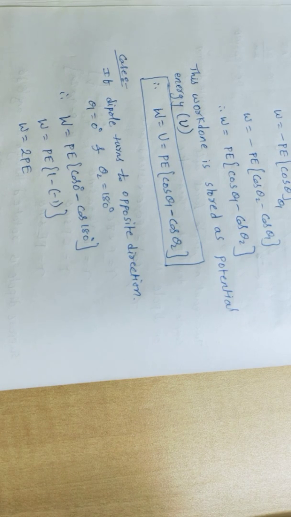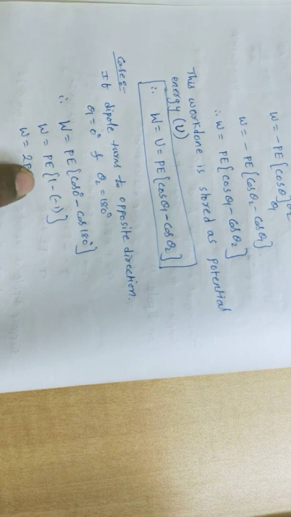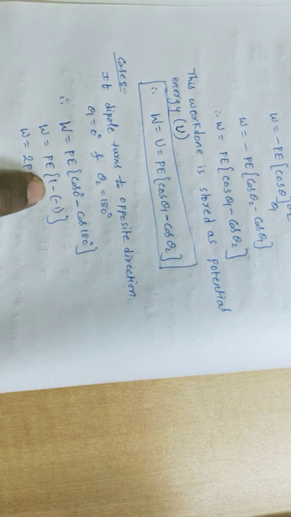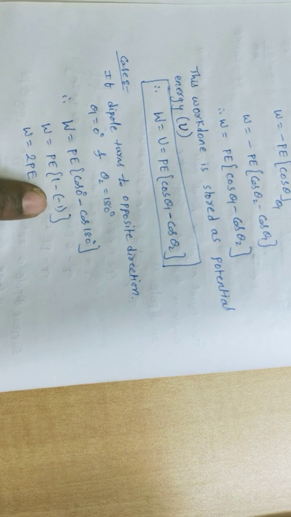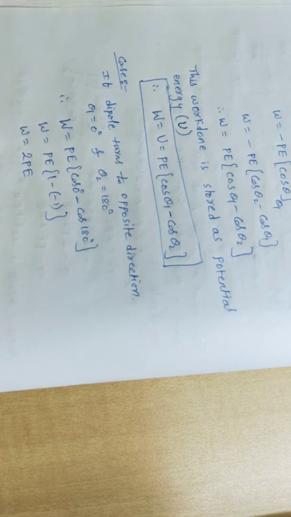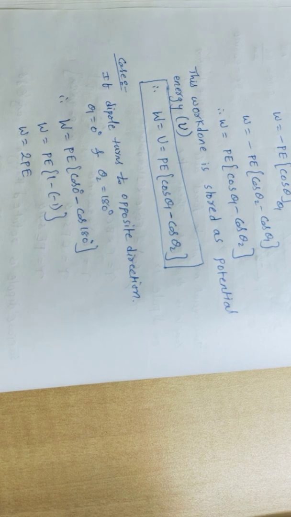So W is equal to P into, instead of cos 0 degrees we take 1, and the minus is already present. Cos 180 value, we know, is minus 1. Here in total we get 2. Therefore the final work done or potential energy is 2PE.